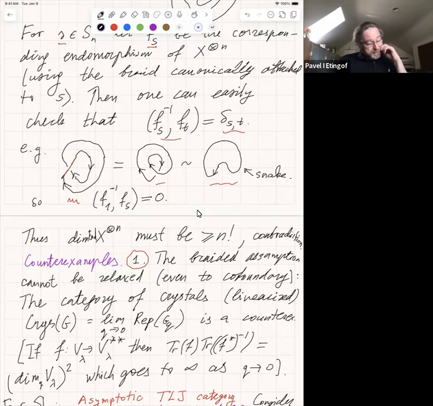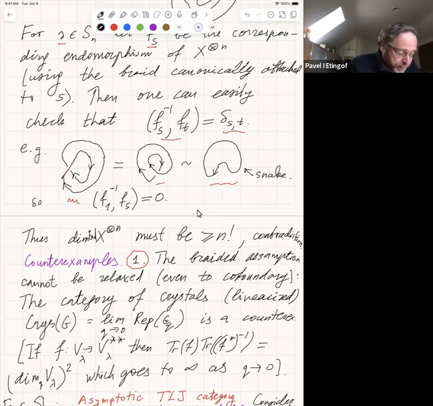Co-boundary categories were essentially discussed by Drinfeld, as co-boundary quasi-Hopf algebras, but then they were systematically studied by Henriques and Kamnitzer, and they showed that the category of crystals for a reductive group is a co-boundary category. In a co-boundary category, the tensor power of an object carries the action not of the braid group, but of the so-called cactus group. So the braided assumption cannot be relaxed even to co-boundary.